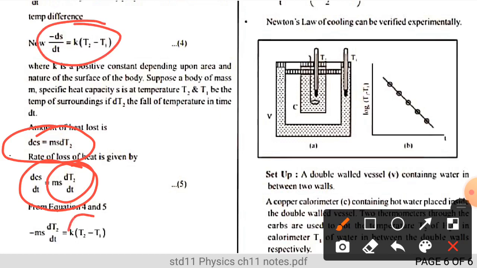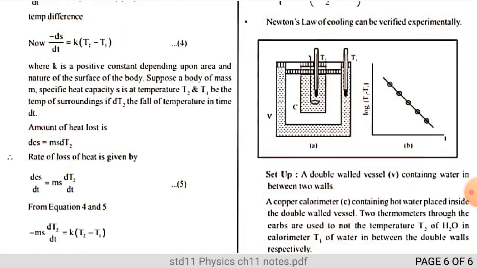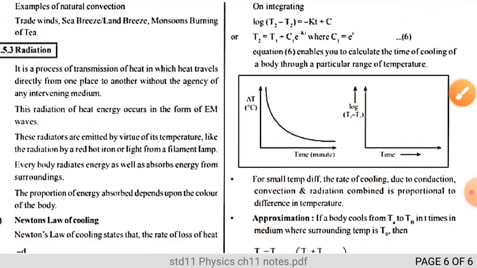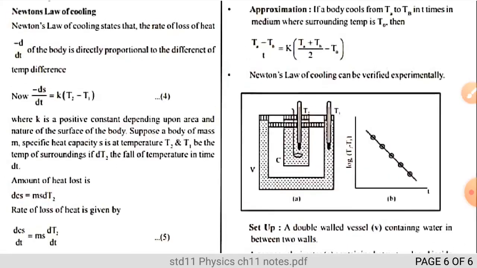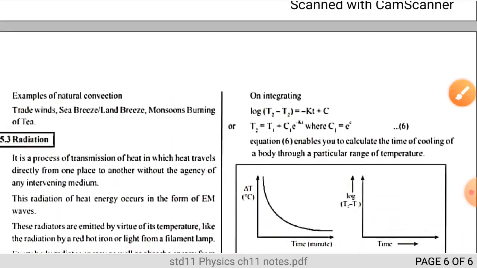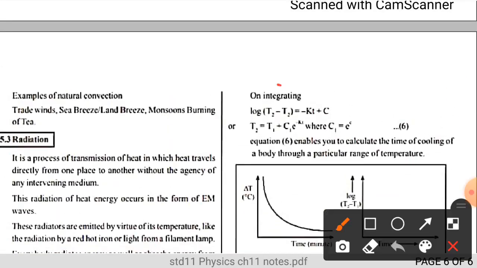We can write here k (T2 minus T1), right? Now on integrating both sides, we get this formula: log (T2 minus T1) is equal to minus kt plus c, right? And further after simplifying that equation, we get T2 is equal to T1 plus c1 e raised to minus kt.